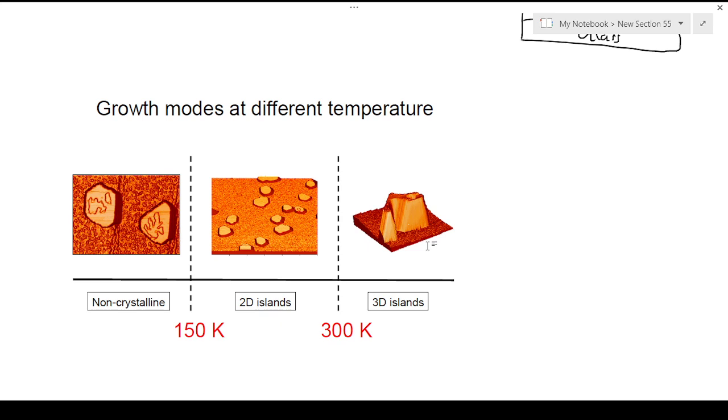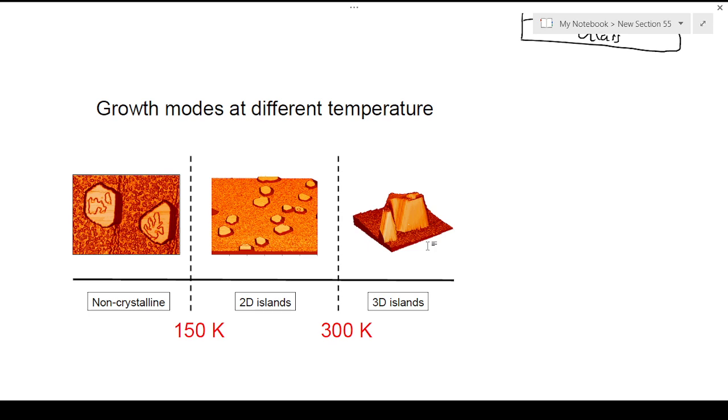That means it has a definite height, a breadth, and of course a length. So it is properly formed as a 3D island. When you take the 3D image, above 300 Kelvin a definite 3D island is formed.